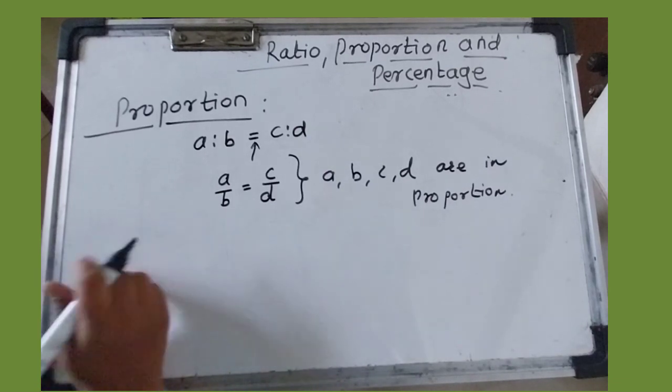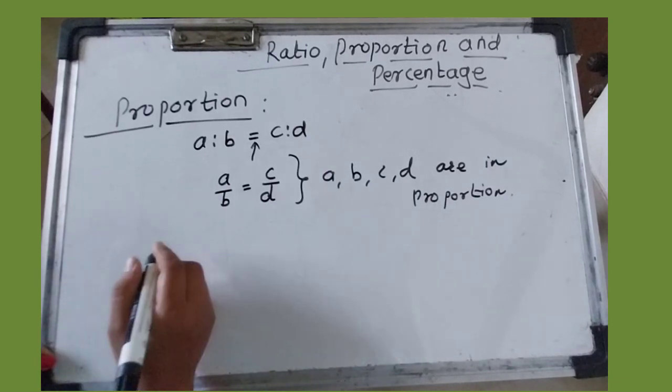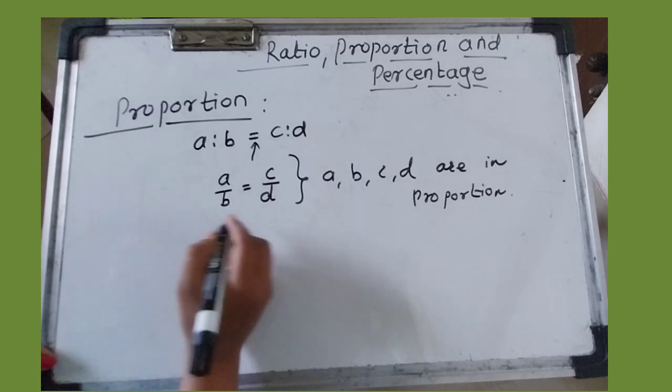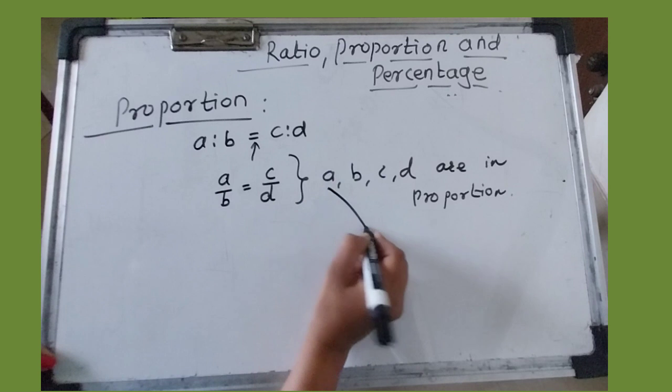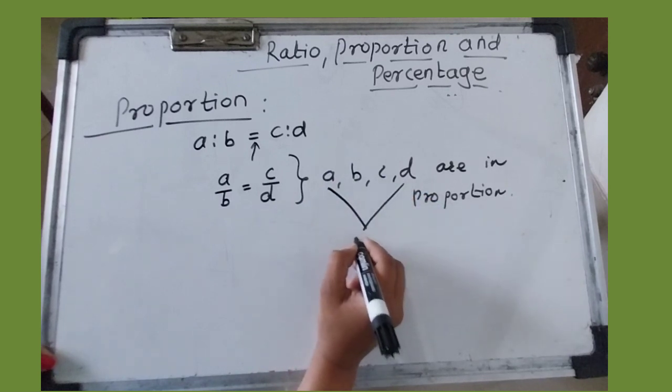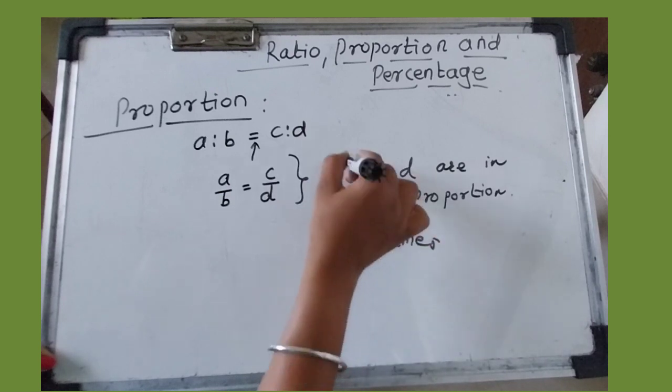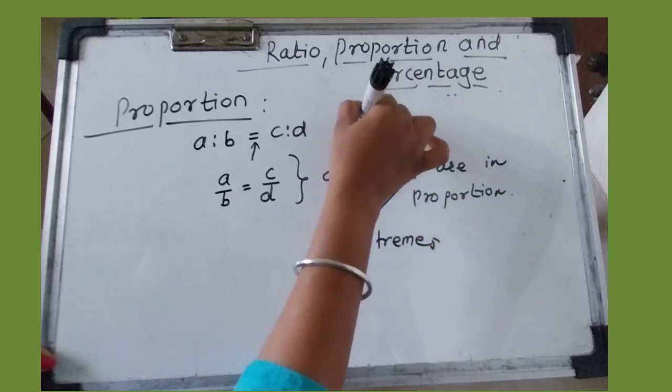In general, these outer numbers are called the extremes, and these two middle numbers are called the means.